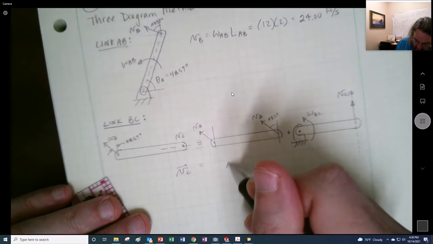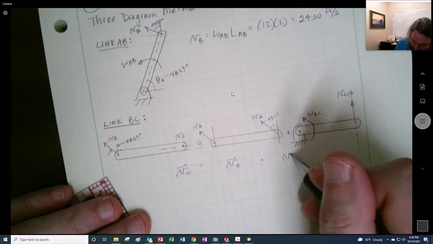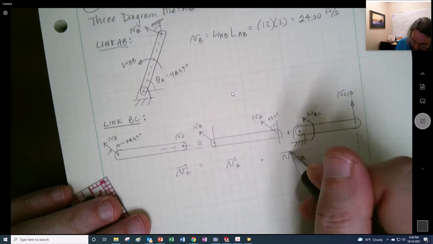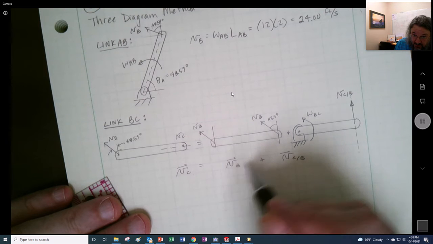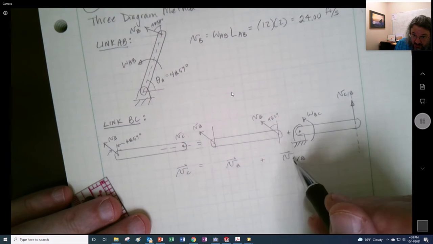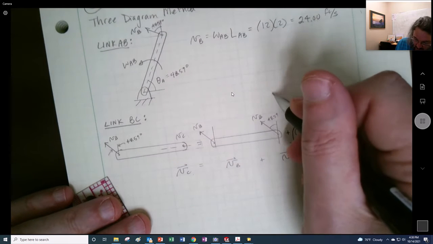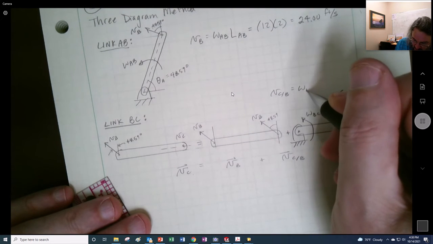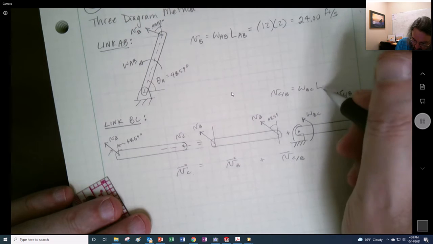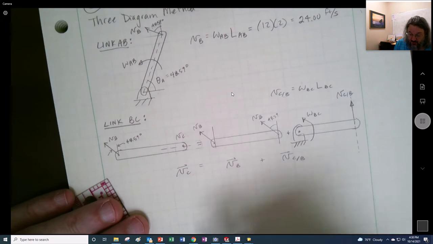It's going to be equal to VB plus VC with respect to B. You can see that that's the same equation we've been using, right? Velocity of C is equal to the velocity of B, is this guy, plus the velocity of C with respect to B. And by the way, we know the velocity of C with respect to B is going to be omega BC times L BC, right? That's going to be the magnitude of this.